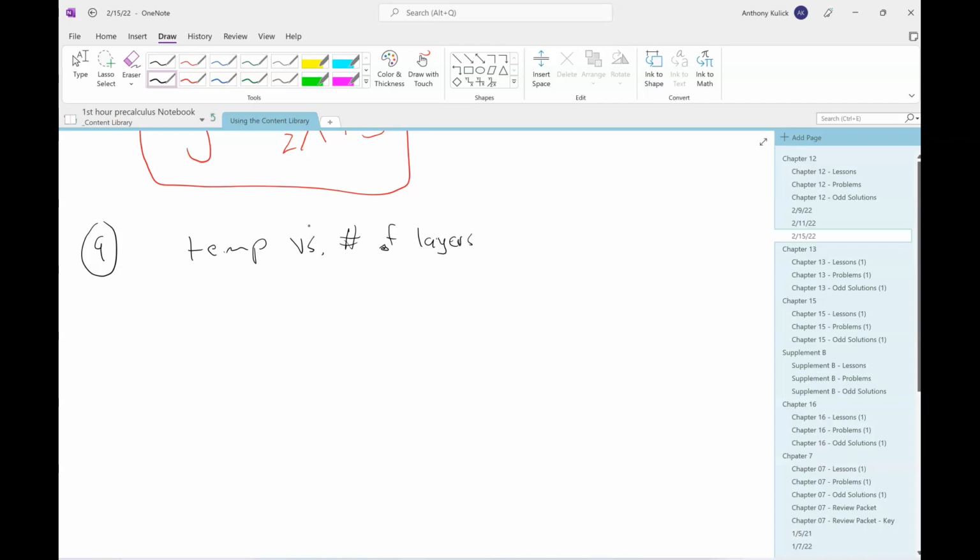As opposed to, what do you think the correlation would be between the temperature outside and what's on television?